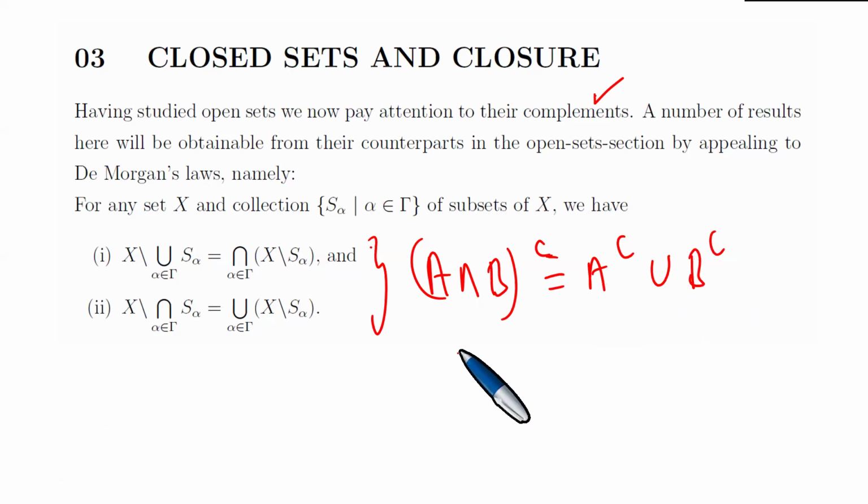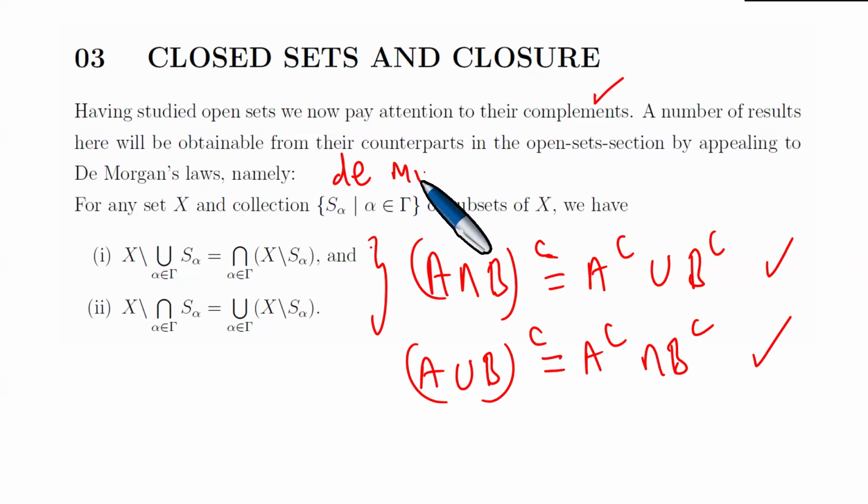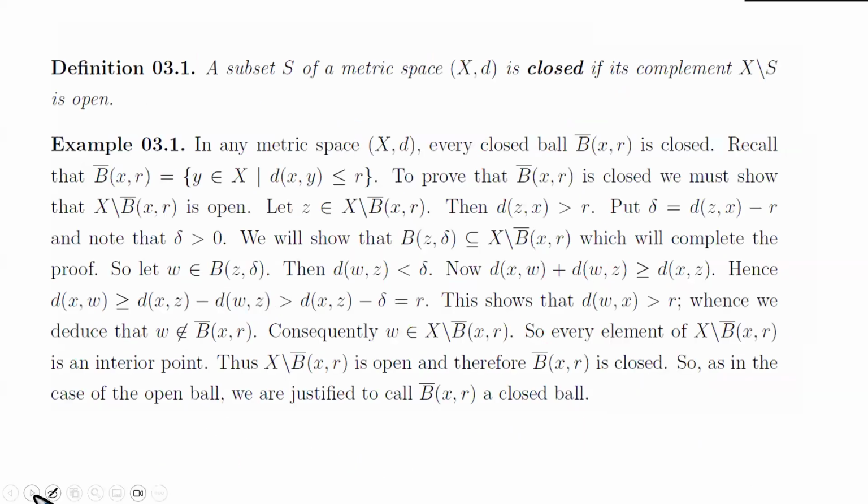This is De Morgan's law for the intersection, but we can also have De Morgan's law on the complementation applied to the union, so that the complement of A union B is A complement intersection B complement as well. Now, these two properties of De Morgan's laws remain very important, and we pay attention to them here, and we continue with our study.